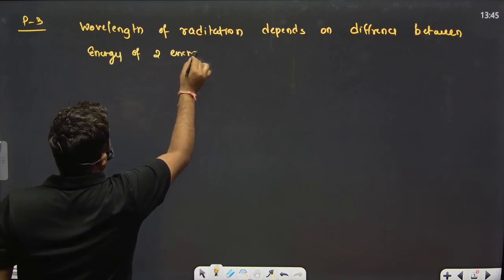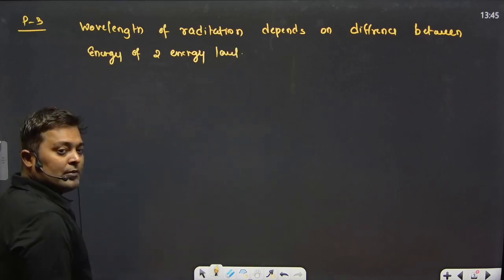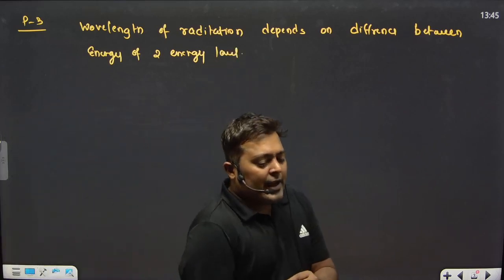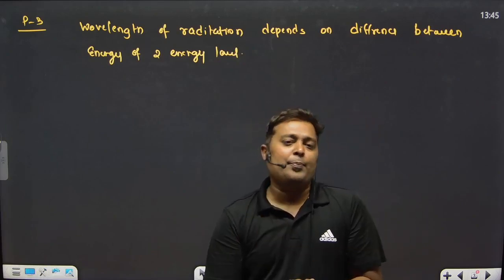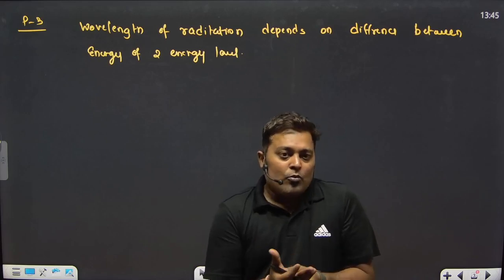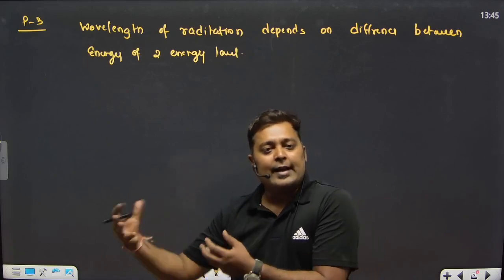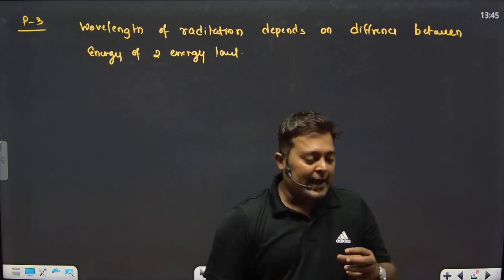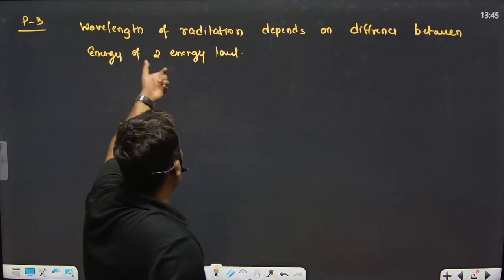What does it mean? It simply means that if we want to calculate the wavelength of radiation which is emitted during the spectrum, that can be calculated. And how is its value going to change? Its value is going to change depending on the transition, from which energy level the electron is undergoing transition. On the basis of that, we can calculate the wavelength of radiation.